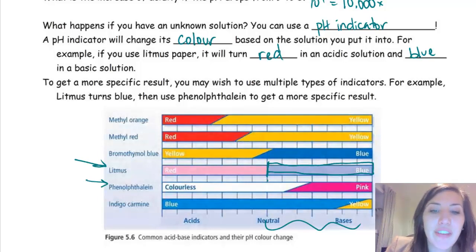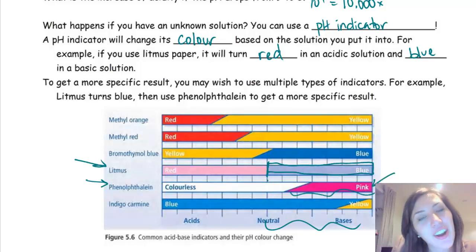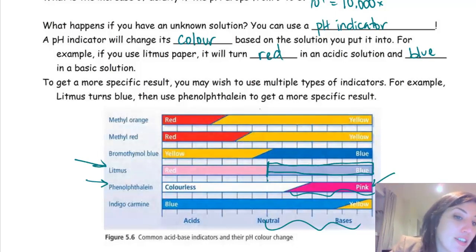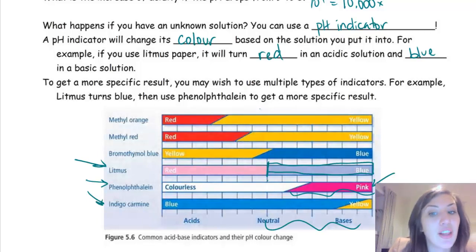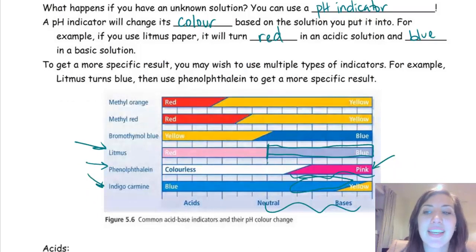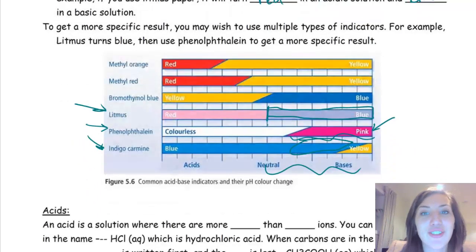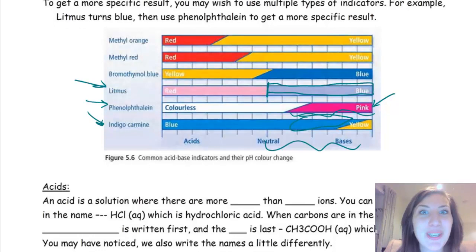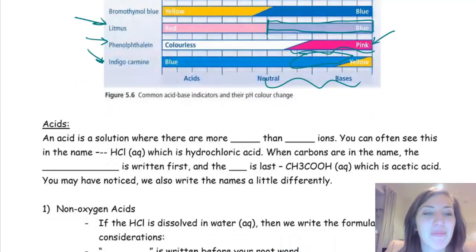So say we used phenolphthalein and it turned pink, then we know that our substance is higher on the basicity scale. And if it turned pink, maybe we even want to do indigo carmine and see, did it turn yellow or not? Let's say it stayed blue, then we know that it's probably got a pH around 9 or 10. So we can use these indicators to see if our solution is acidic or basic, and we're going to try that in class. It'll be fun.